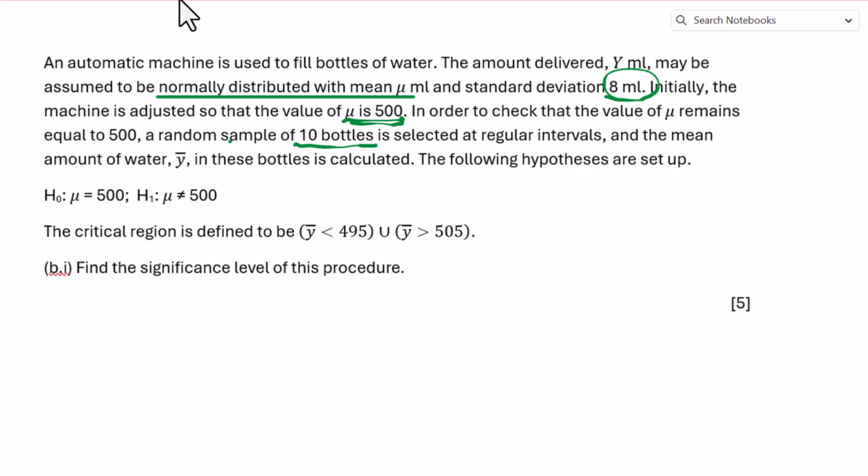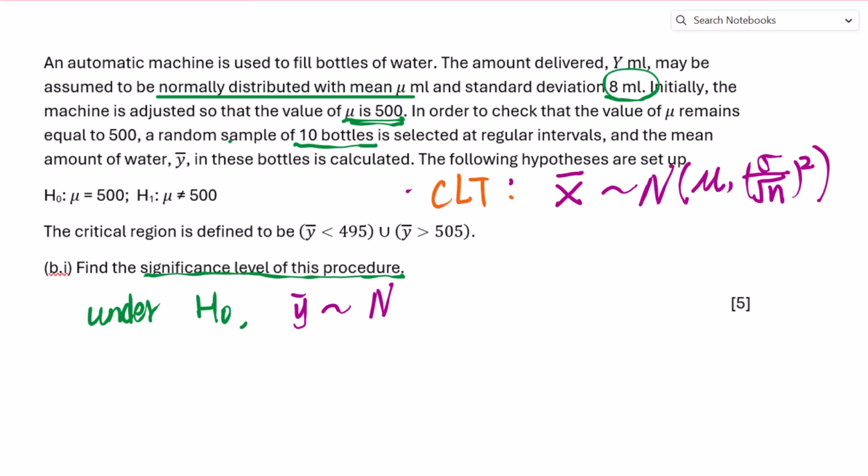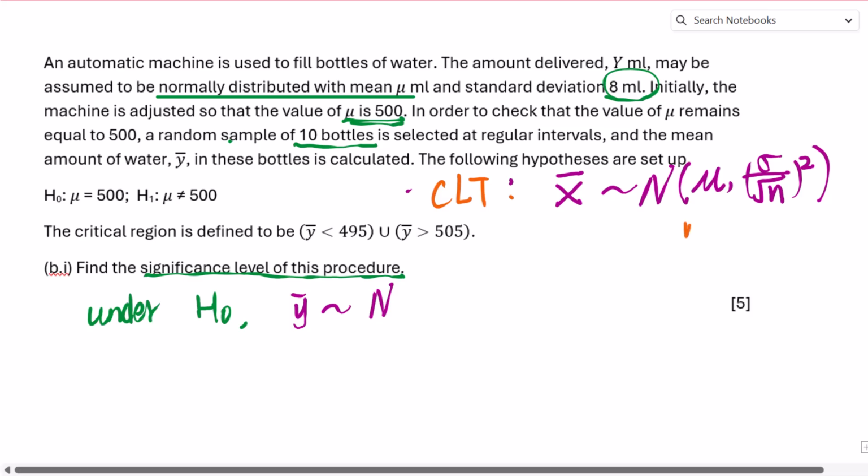B1. Find the significance level of this procedure. We will draw the diagram. Under H0, Y bar follows normal distribution. According to central limit theorem, X bar follows normal distribution with mean mu and standard deviation sigma over square root of n, when n is greater than or equal to 30.